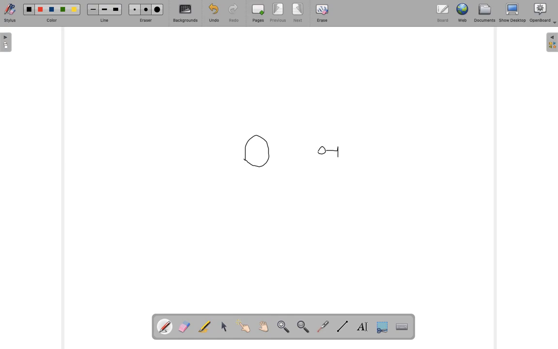Let me try to draw something like a satellite, a really weird looking satellite, which is going around in circular motion. And let's say they ask you to determine the velocity of the satellite. They've given you that this planet has a mass. So let's say this planet has a mass M, and this satellite has a mass of small m. The distance between them will be given by r.